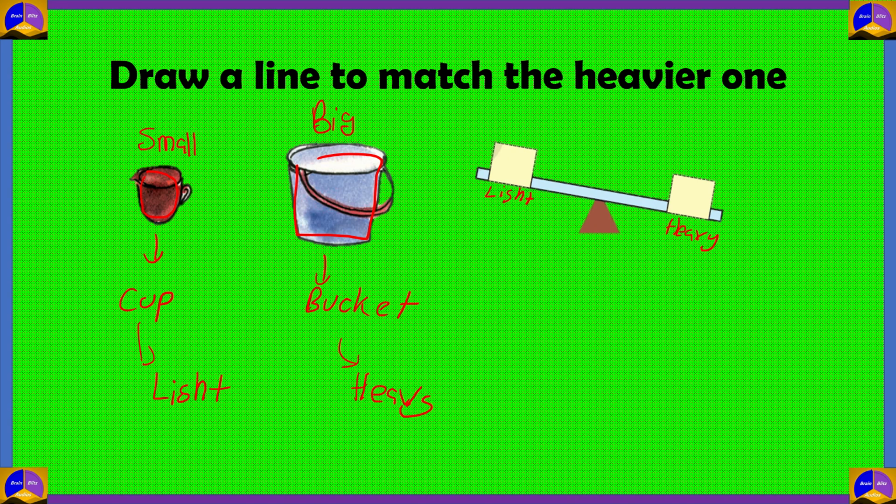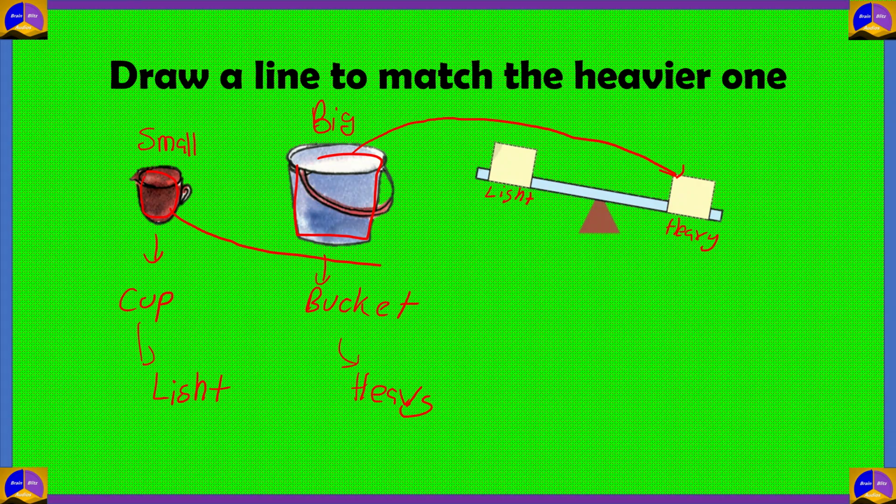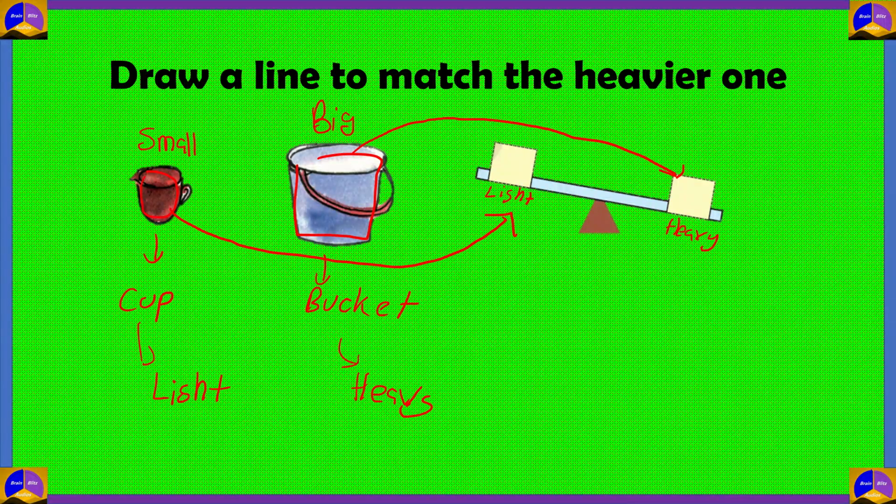So we can draw a line from bucket to heavy and cup to light. So this means that the cup is light and the bucket is heavy.